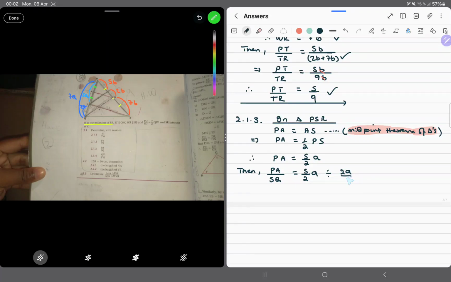Now if we've got fractions, this is over 1. This is going to be 5 over 2a multiplied by 1 over 2a. Now that cancels. Then the numerators multiply, the denominators multiply. So what do we get? 5 over 4. That is the answer.